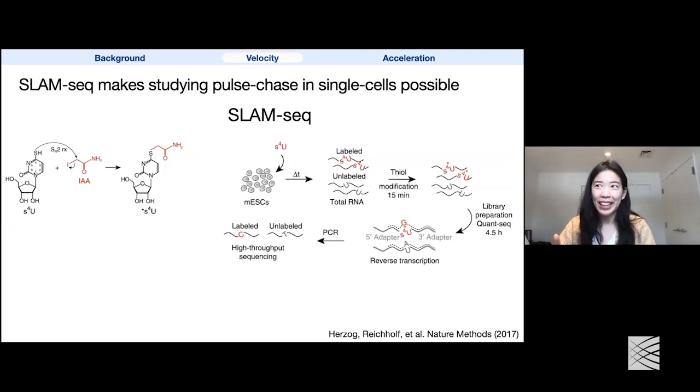So just before that, the next thing: a little about SLAM-seq. Veronica Herzog and others from Stefan Ameres's group made the experiment where you can pulse chase RNA at the single cell level, with their improvements to 4SU labeling in SLAM-seq. 4SU, or 4-thiouridine, here S4U, is a popular nucleotide analog that people use to study RNA expression dynamics.